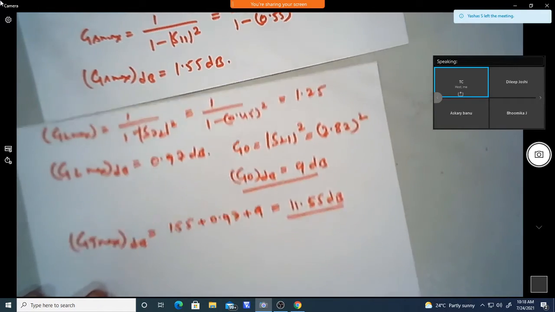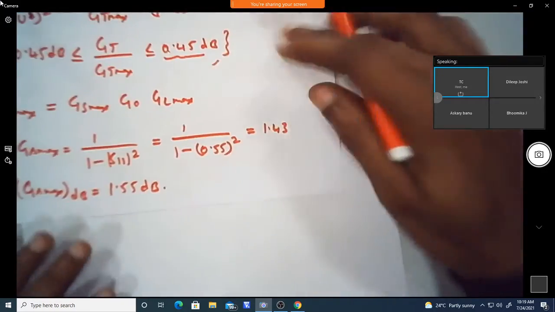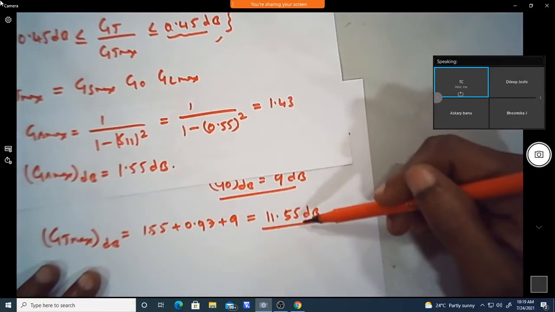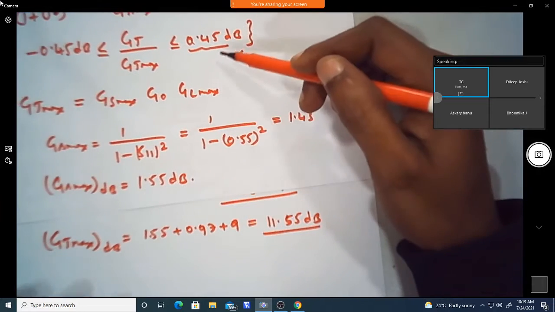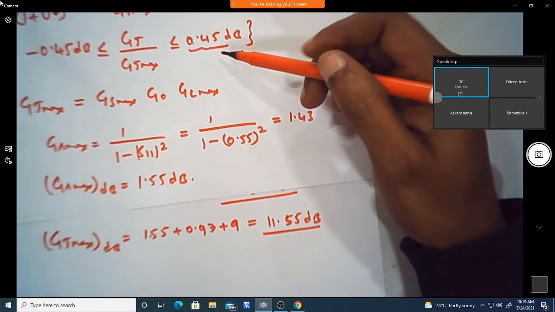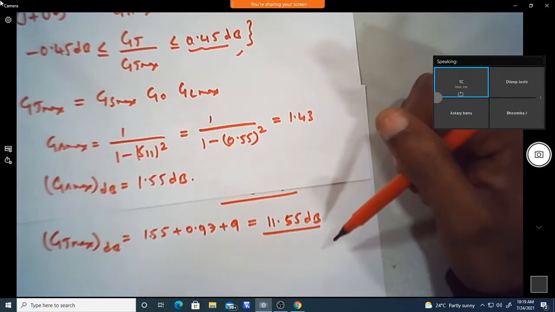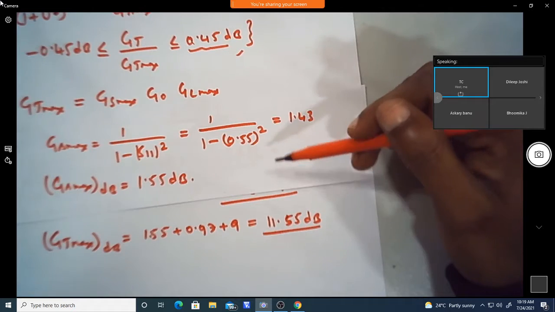Now you can see the error which we got is 0.45 dB. Compared to 11.55 dB, 0.45 dB we are able to tolerate. So we can neglect this error and proceed with the amplifier design for unilateral figure of merit. Now it is acceptable.